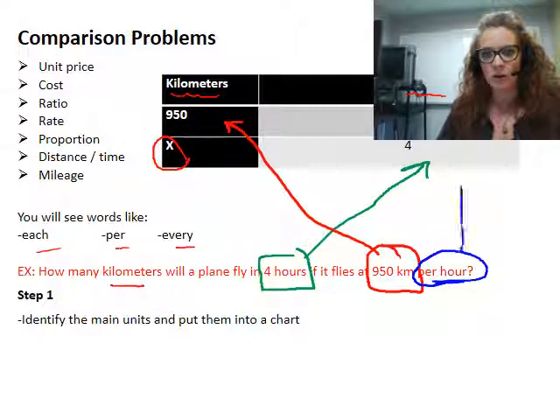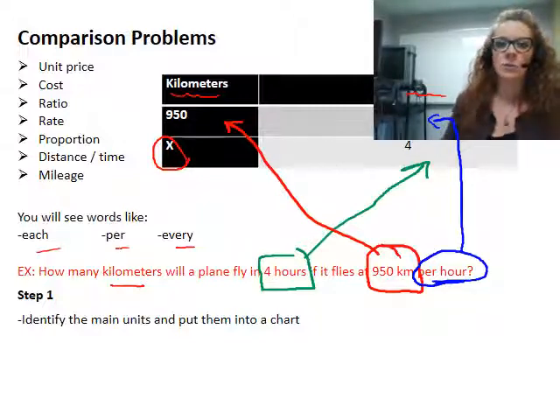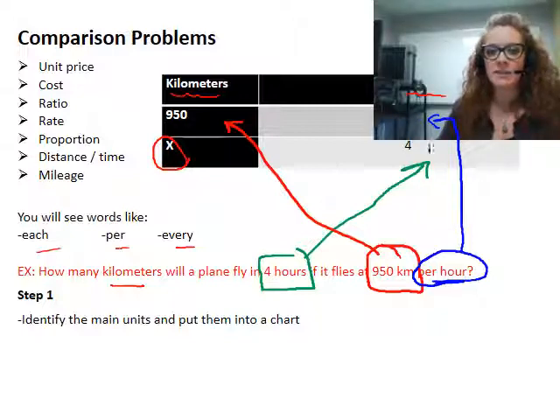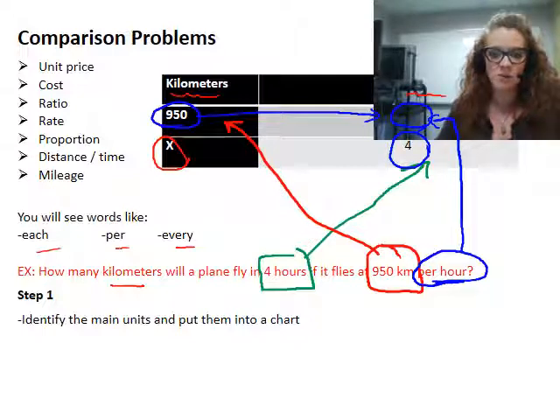Per hour means per 1 hour. And so I've got my hours organized. They're talking about 4 hours, and then they're talking about 1 hour. And the 950 goes with the 1. So it's just a way to visually organize my information.